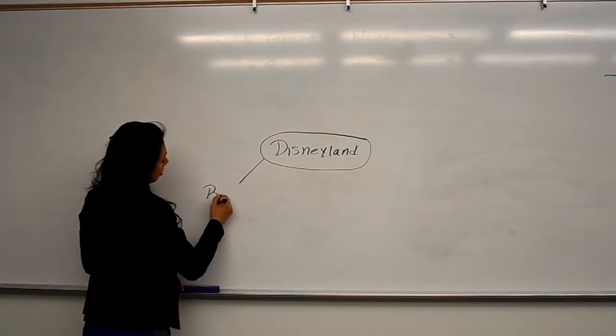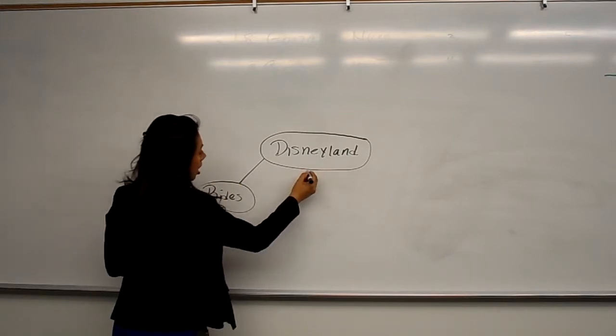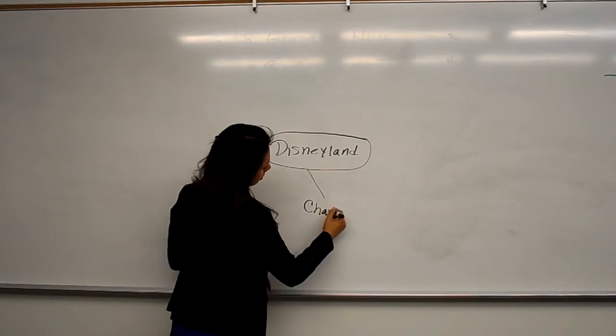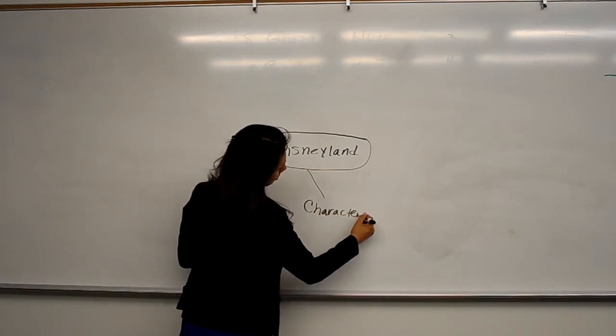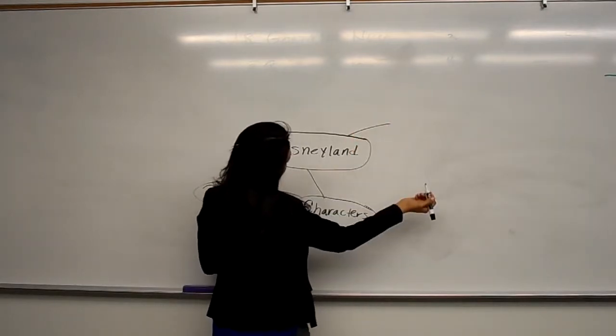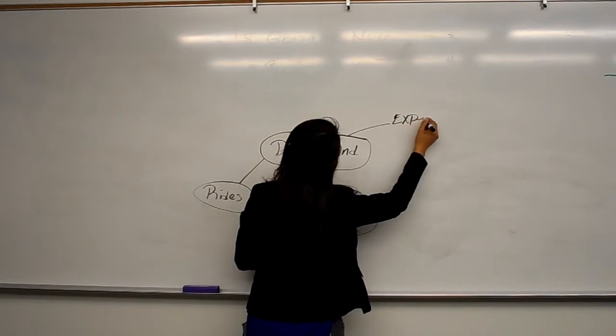So in this case, I'm thinking about rides. You circle that line. Thinking about the characters. You draw a line around that. Thinking about the cost or the expense of going to Disneyland.